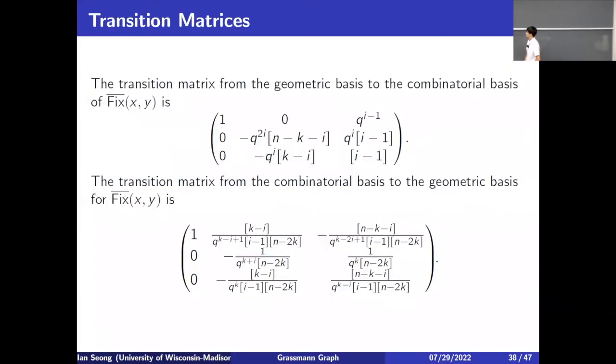Just like what we did with fixed xy, we have these two bases, and we express the transition matrices like the following. Again, we express them as linear combinations of one another, and we compile them into a matrix. We can see that the second matrix is going to be the inverse.